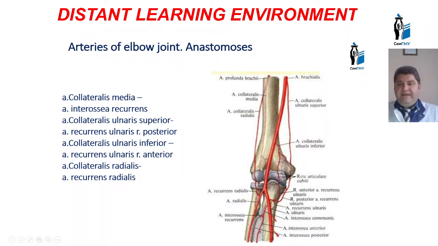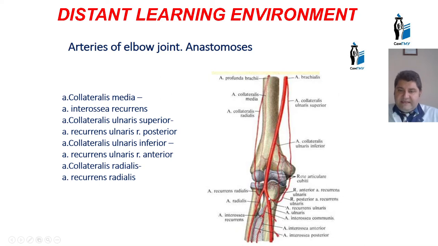At the posterior side of the humerus bone, as I told you, you may see arteria collateralis media, which passes from arteria profunda brachii, and it forms the anastomosis with arteria interossea recurrens. What is arteria interossea recurrens?